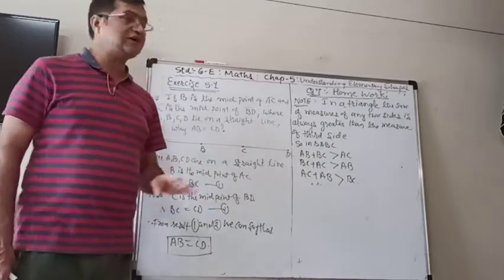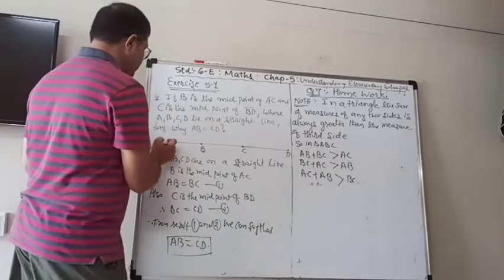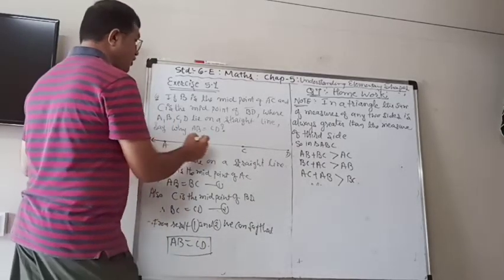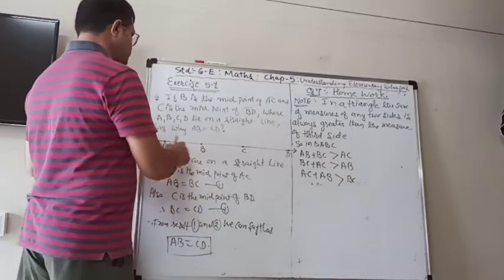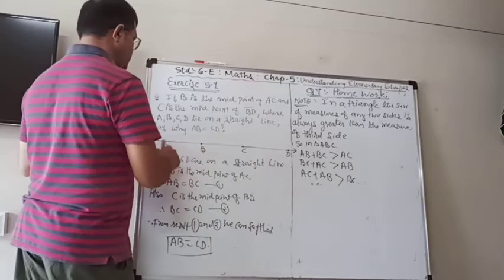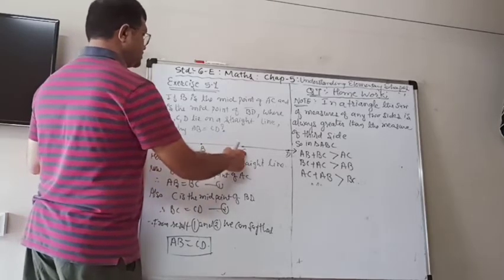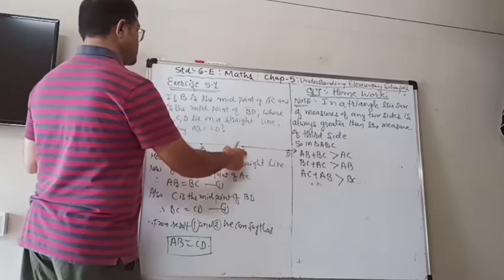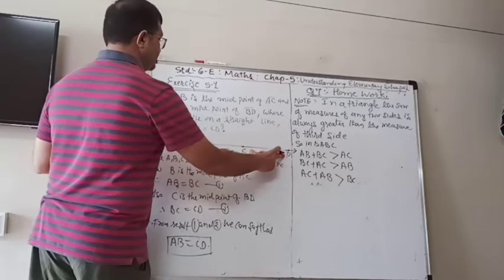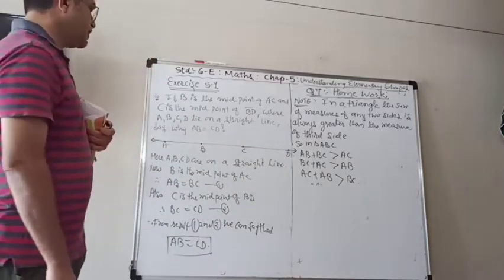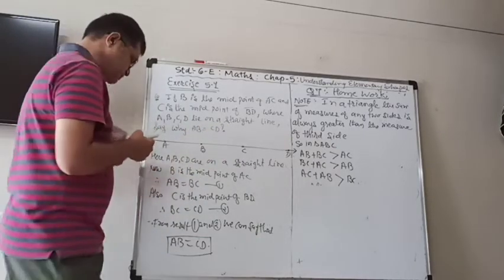Given that all of them lie on the same straight line, and that B is the midpoint of AC, it is at an equal distance from A and C. Similarly, C is the midpoint of BD, meaning it is equidistant from point B and point D. So we have to check how AB is equal to CD.